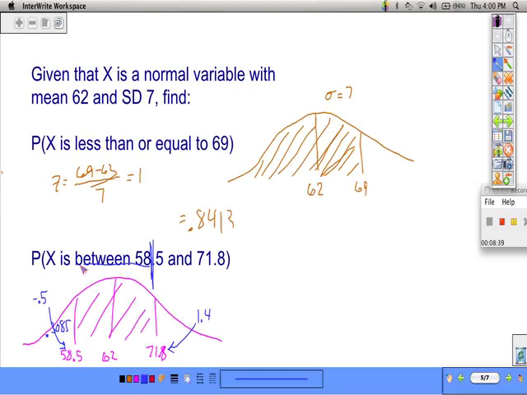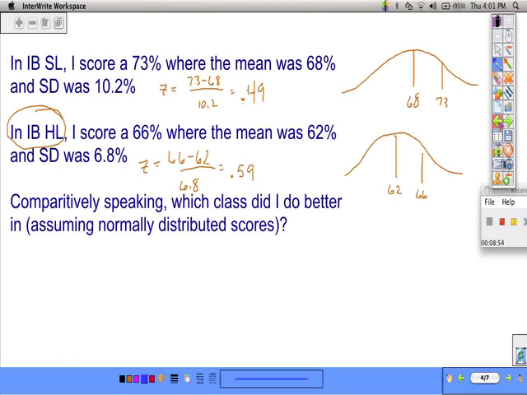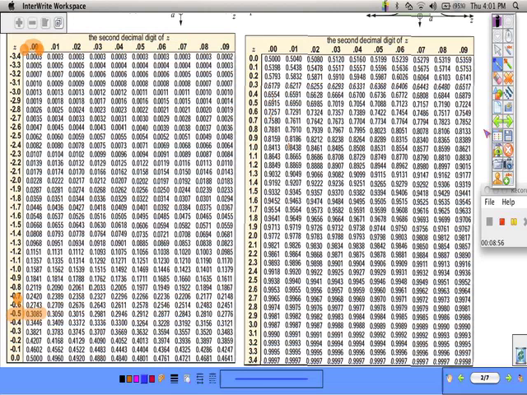So what I'm going to have to do to find this shaded pink area is I'm going to have to take this new area that I'm about to look up and subtract off 0.3085. So I'm going to go to my table and find 1.4. There's 1.4, it's 1.40. So I use this first column again, 0.9192.